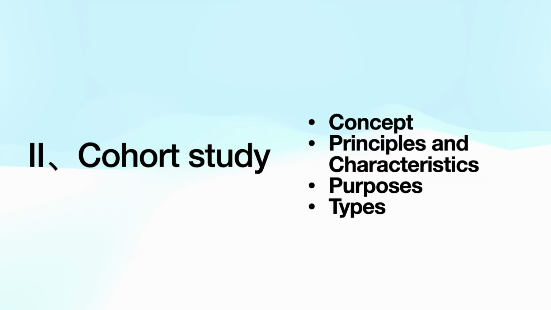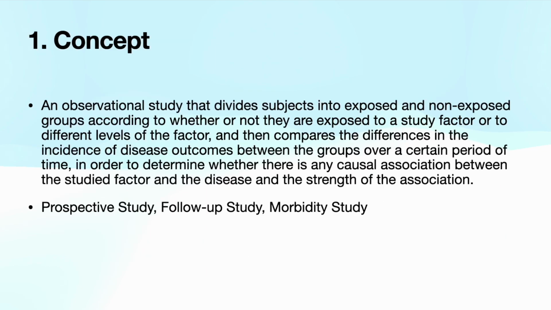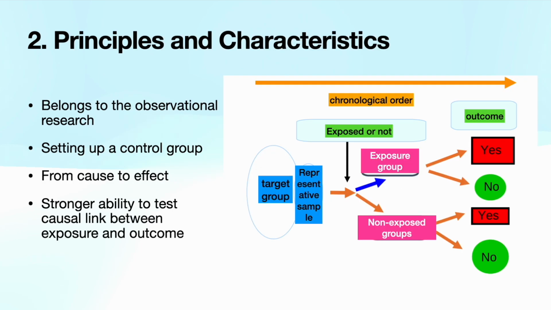The second part is cohort study. It includes prospective study, follow-up study, and morbidity study. The principal diagram is on the left, and the characteristic is that it belongs to the observational research tool. It sets up a control group, from cause to effect.